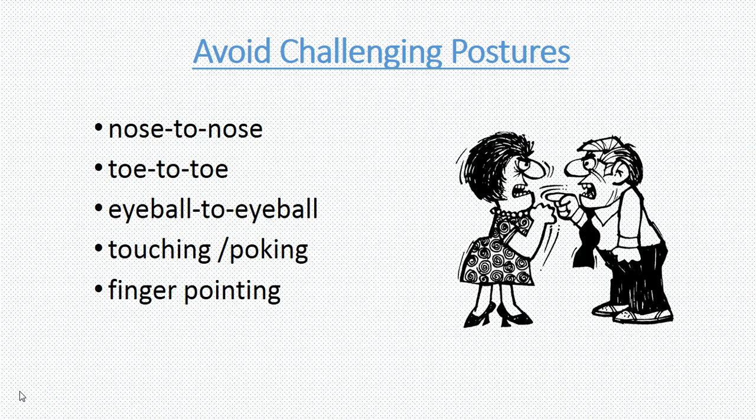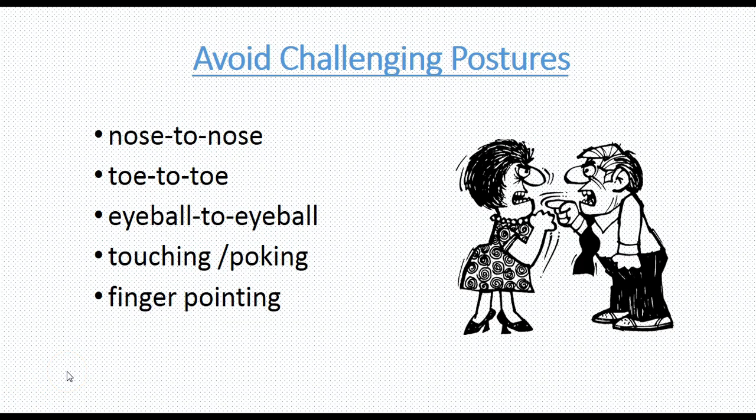So we want to be careful of these challenging postures. We also want to avoid touching or poking these individuals, as well as pointing our fingers at them. We should especially avoid pointing our fingers at another person's face, as this has the potential to raise anxiety and possibly escalate the situation further.